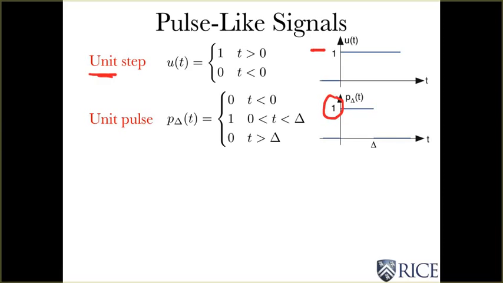So, as the formula says, it's 0 for t less than 0. It's then 1 in between 0 and delta, which is called the pulse width. And then it's 0 again afterwards. So it pops up, stays constant, then goes down and continues on. So that's a single pulse.